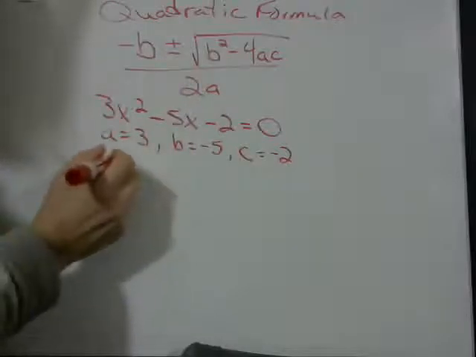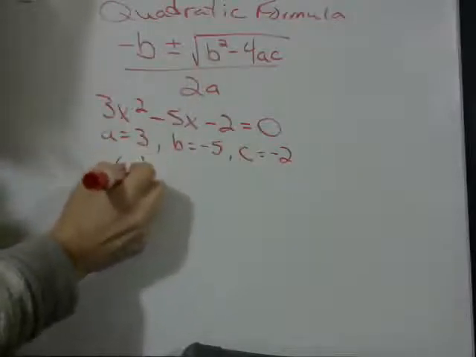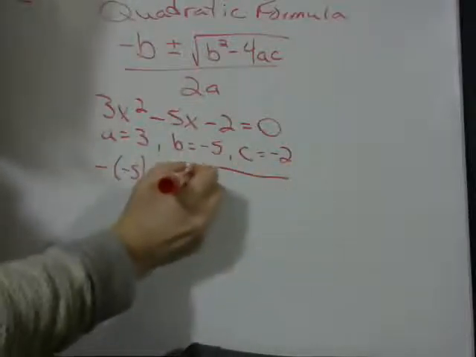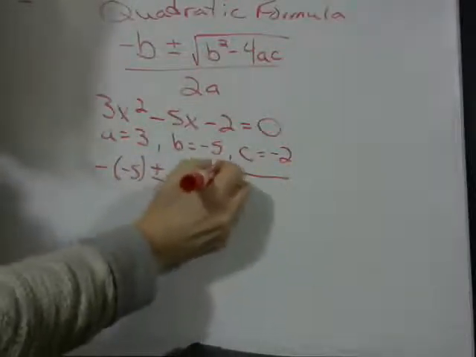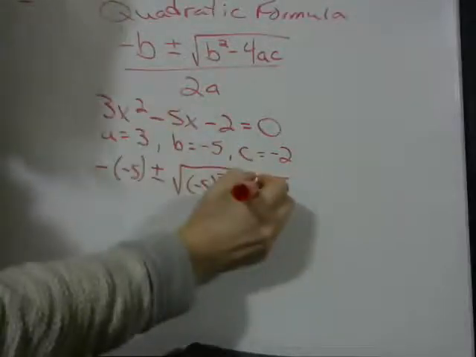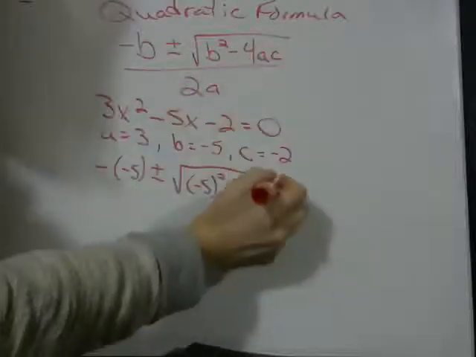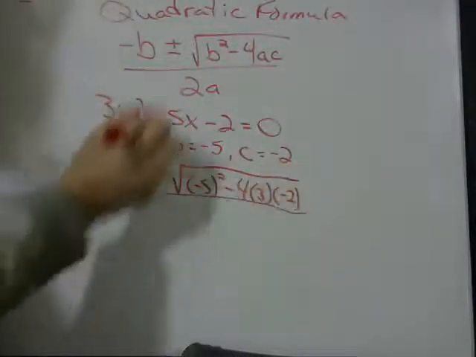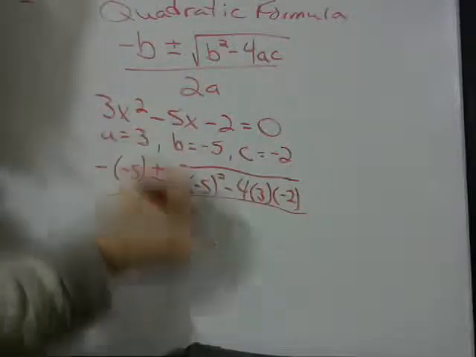Negative b, so negative 5 plus or minus the square root of b squared, which is negative 5 squared, minus 4 times a, which is 3, times c, which is negative 2, all divided by 2 times a, which was 3.